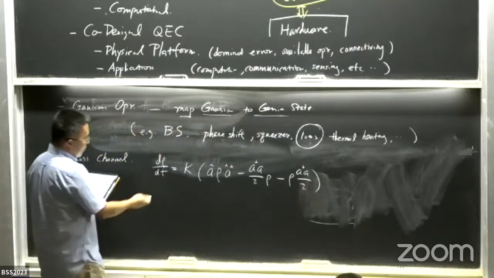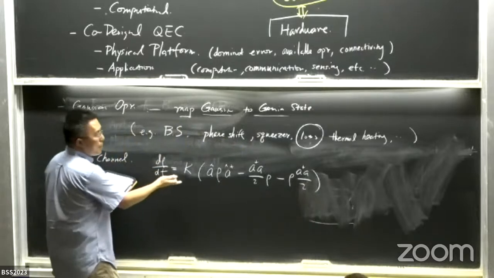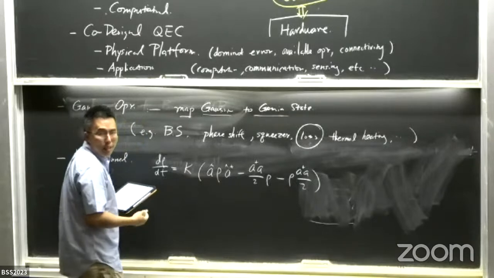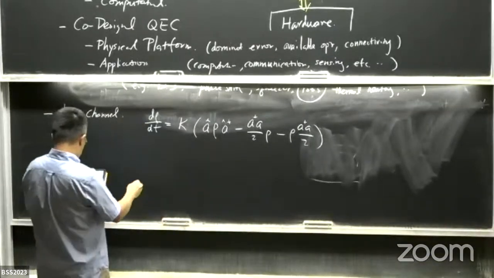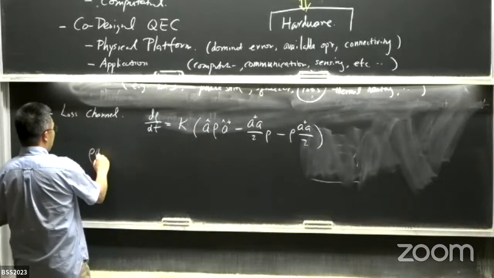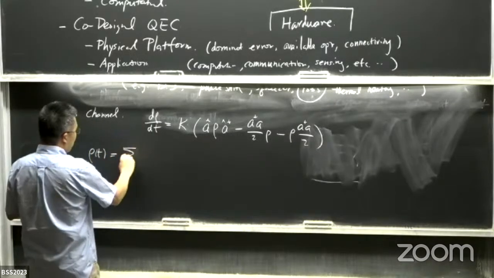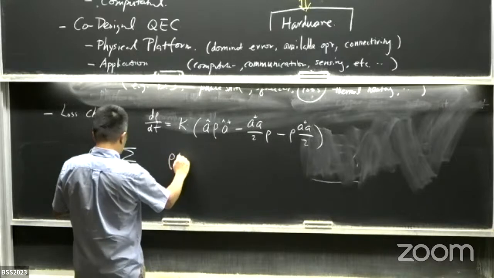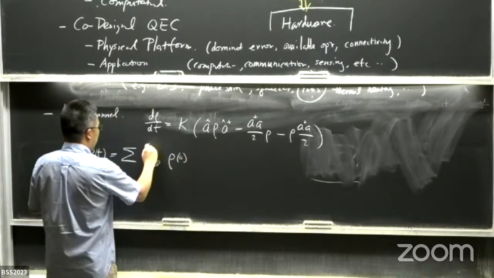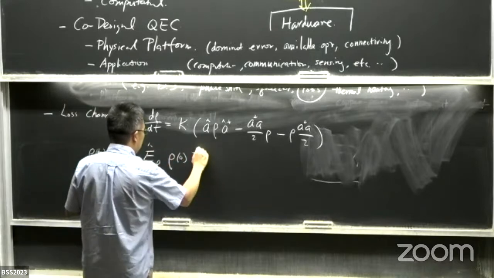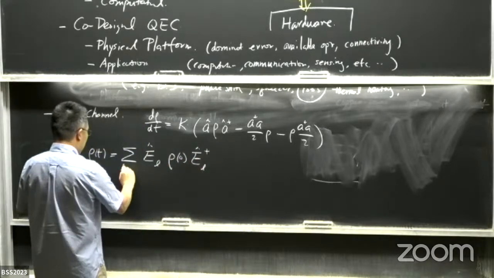This may look like the minimum you can write down for a loss channel. But fortunately, we can write analytically what the output rho is in terms of the initial rho sandwiched by a set of Kraus operators.